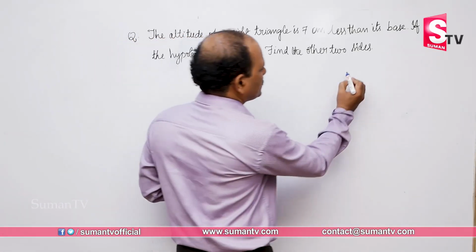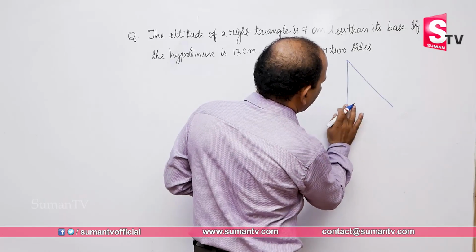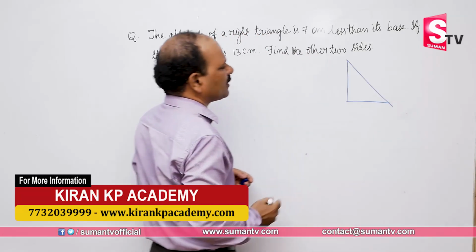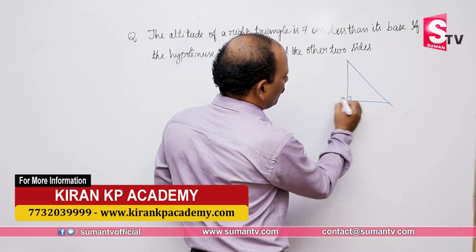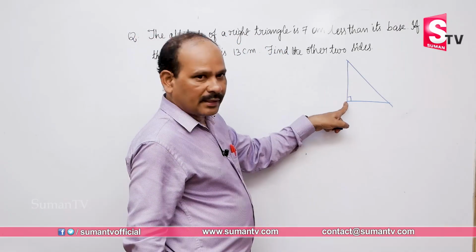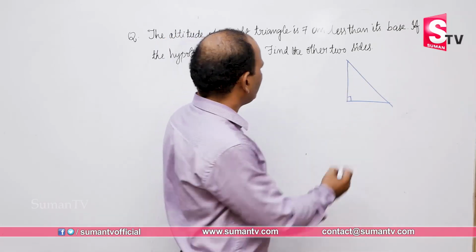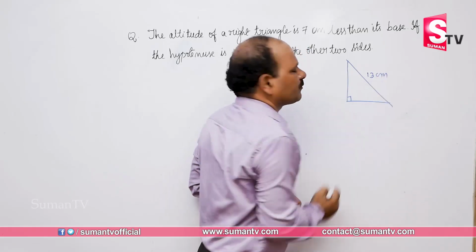Okay, hypotenuse. This is the right angle triangle. Every right angle triangle will have one right angle. The opposite side of the right angle is the hypotenuse. The hypotenuse length is given as 13 centimeters.